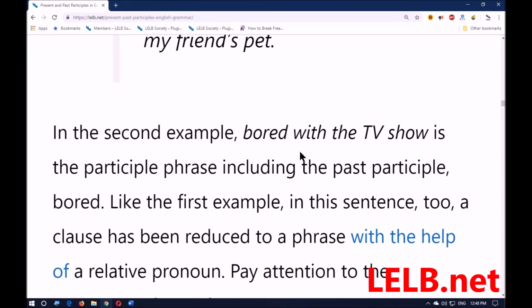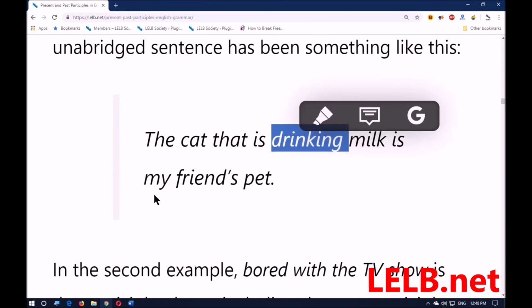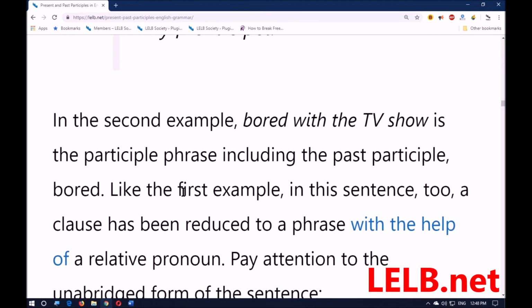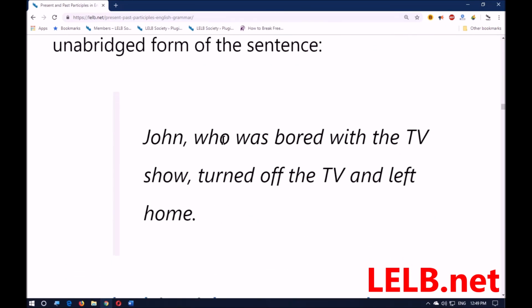So in the second example, bored with the TV show is the participle phrase including the past participle bored. Let me show you the example. Bored with the TV show, John turned off the TV and left home. Like the first example, in this sentence too, a clause has been reduced to a phrase with the help of a relative pronoun. Pay attention to the unabridged or original form of the sentence. John, who was bored with the TV show, turned off the TV and left home.